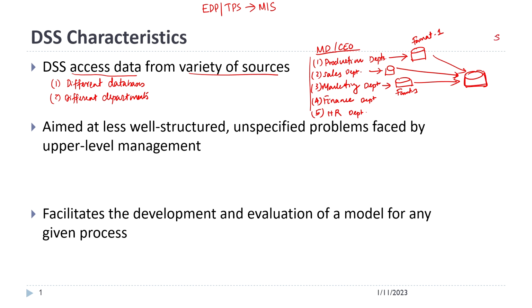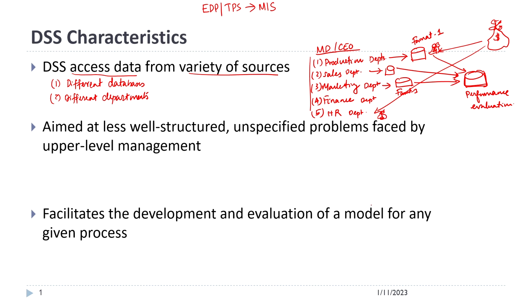Let us say you have some amount of money with you, and you want to decide how much money is to be divided among these departments. So, you are trying to do the performance evaluation.